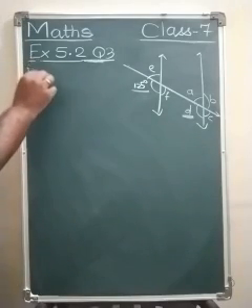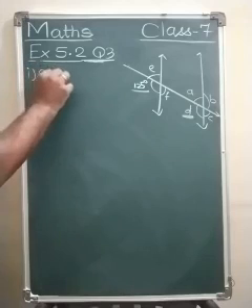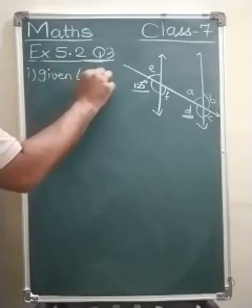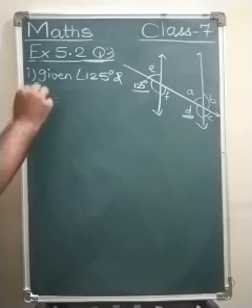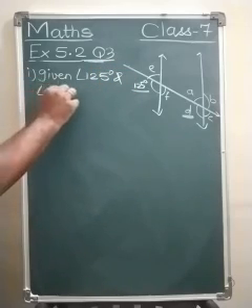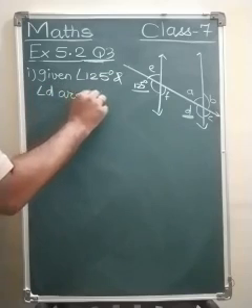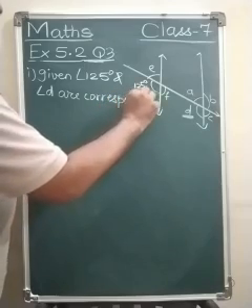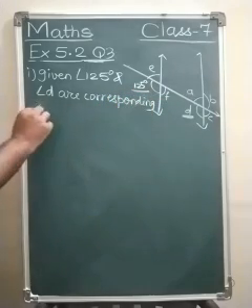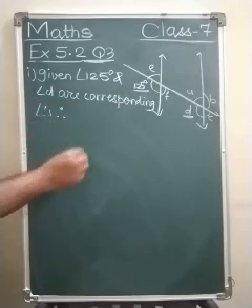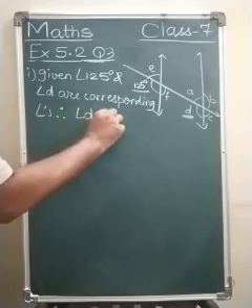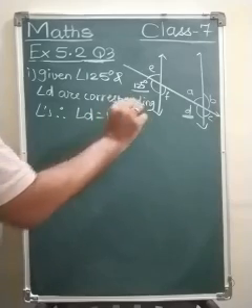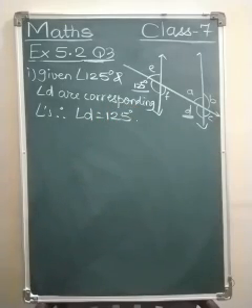Given angle 125 degrees and angle D are corresponding angles, therefore angle D equals 125 degrees.